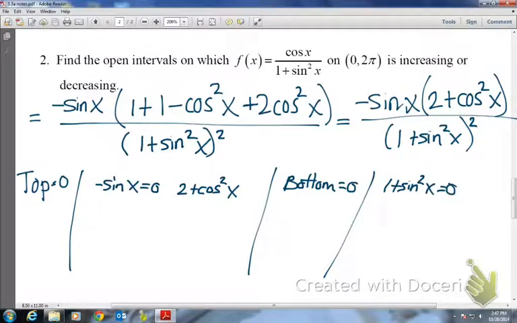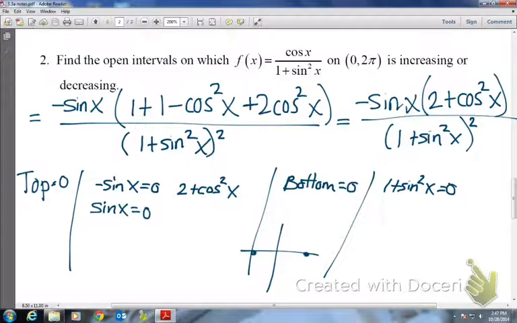So let's start with the negative sine of x. I divide by a negative, so I get sine of x equals 0. I'm trying to think where sine of x would equal 0 on the interval from 0 to 2 pi. Let me draw my little unit circle down here. Sine would equal 0 where y equals 0, so that would be here and here.